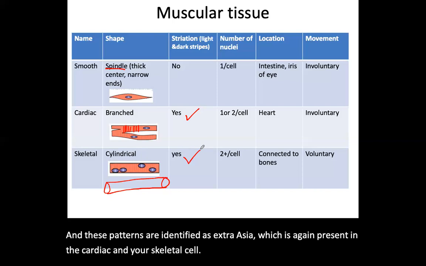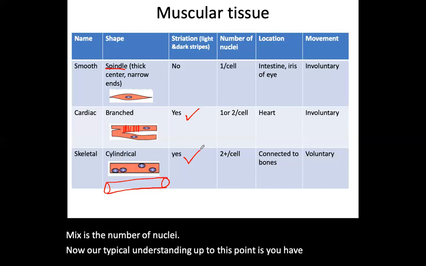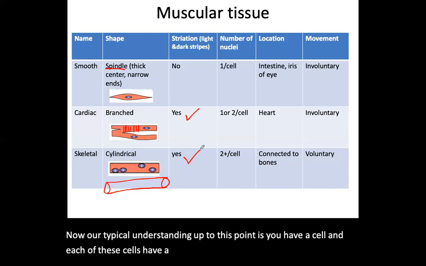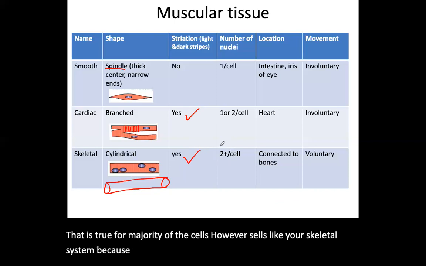Next is the number of nuclei. Our typical understanding up to this point is you have a cell and each of these cells has a nucleus. That is true for the majority of the cells. However, cells like your skeletal muscle, because of their size or length, require multiple nuclei.